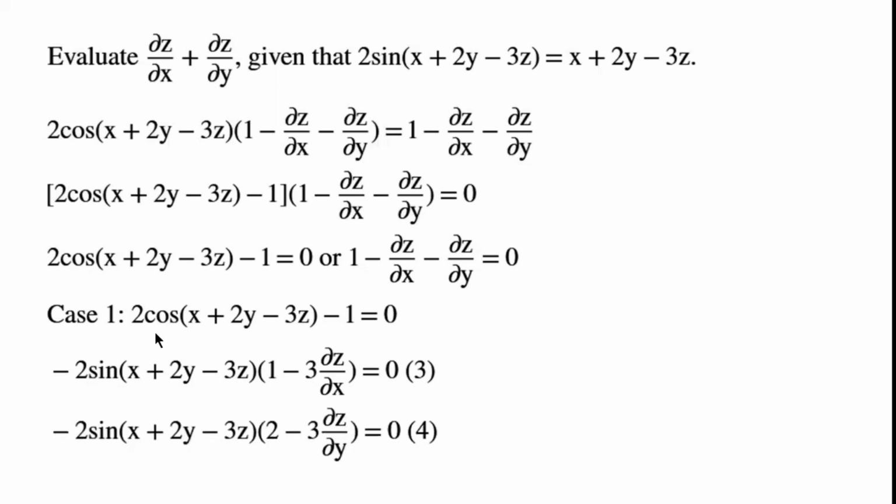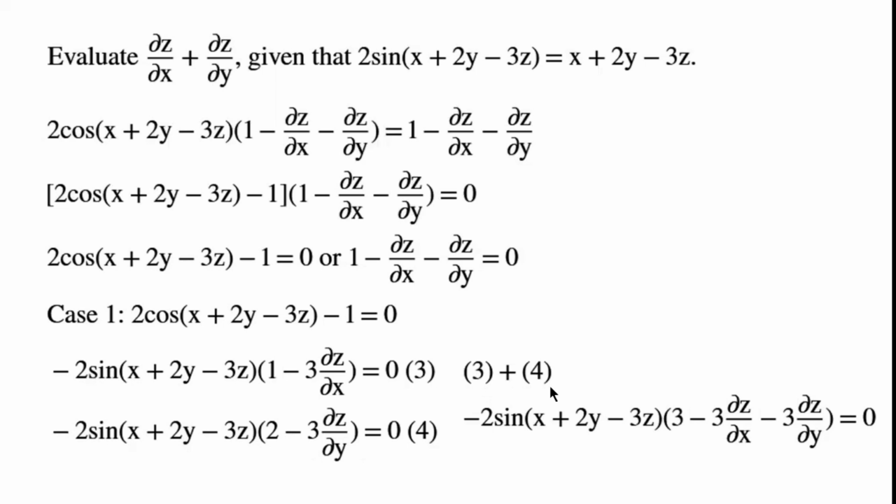Next, we partially differentiate the equation with respect to y. So we can now write −2 sin(x + 2y − 3z) times (2 − 3 ∂z/∂y) equals 0.